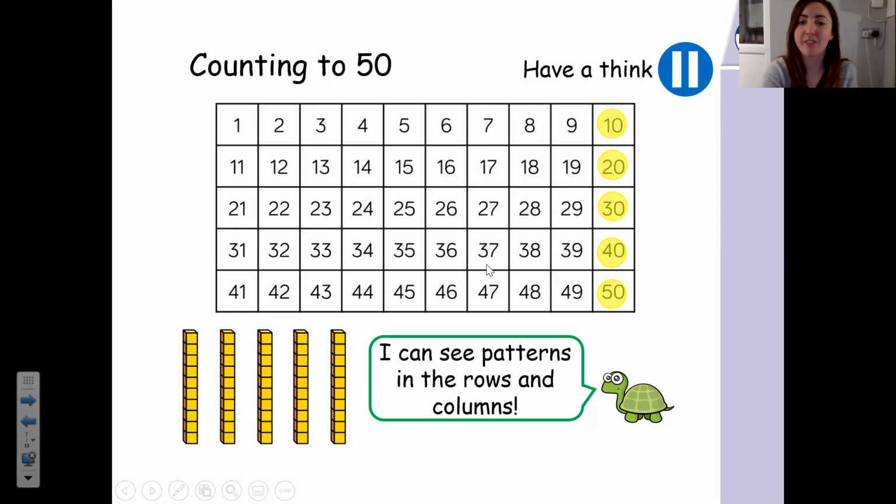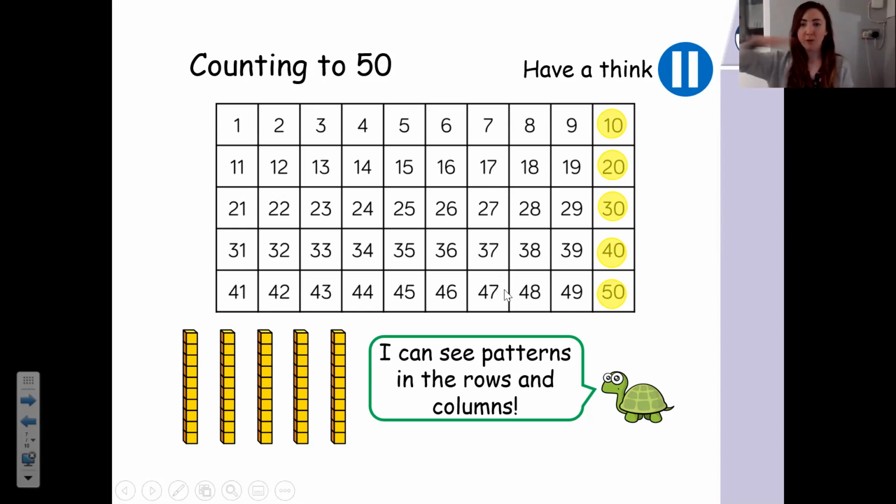How many tens are in 37? 3 tens. How many tens are in 47? 4 tens. So what's happening to the tens in each number as we move down the 100 square? That's right, they are going up by 1 or by 1 ten each time. So the tens go up by 1 and then the ones stay the same in each column.